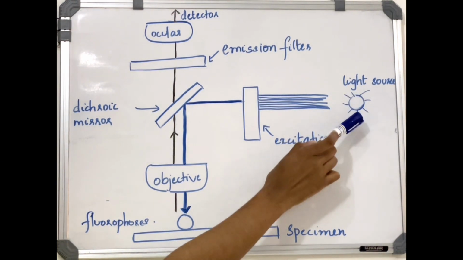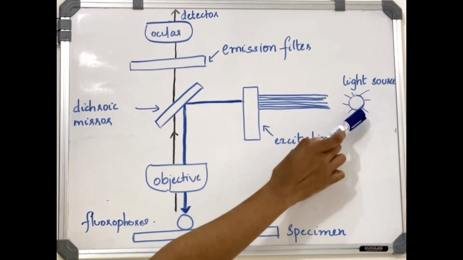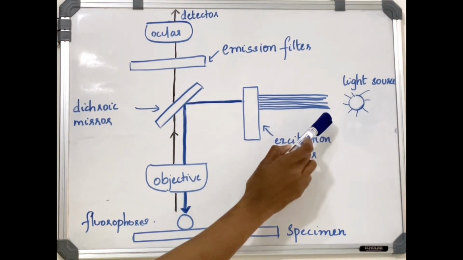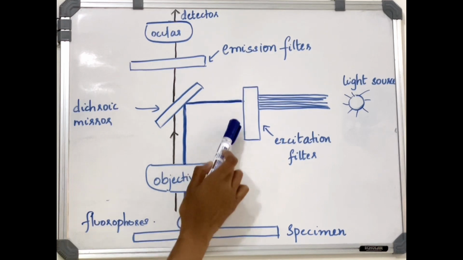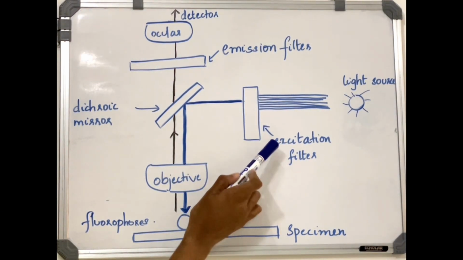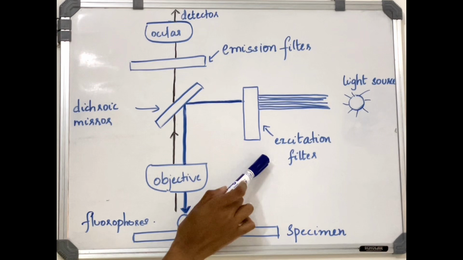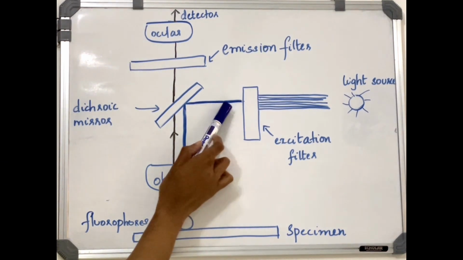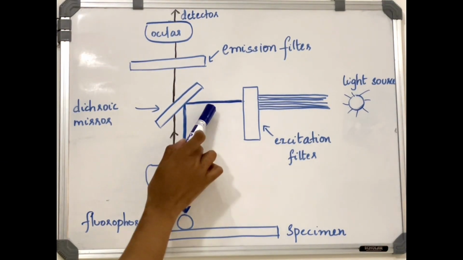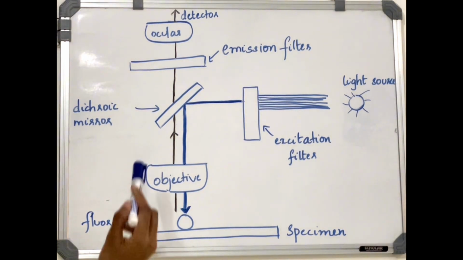The light source generates a high energy short wavelength light, such as from a mercury vapor arc lamp. That light passes through the excitation filter. The excitation filter only allows a specific wavelength of light to pass through, so it allows short wavelength light and removes all the other non-specific wavelengths of light.